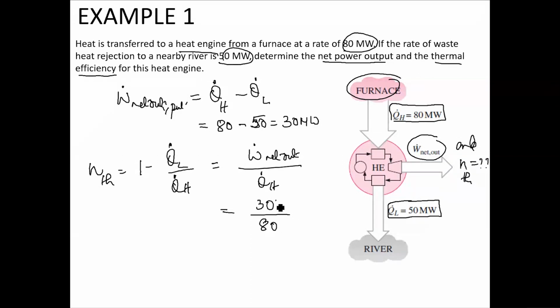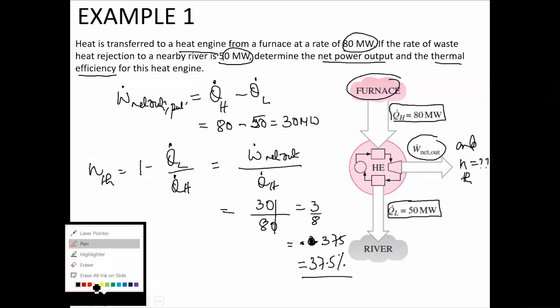So you will have 3 over 8. What is the answer for this? 0.375. So 0.375, or 37.5%. This is the efficiency of this heat engine.